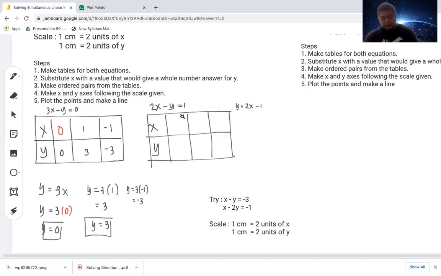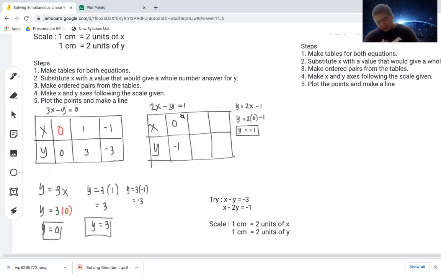And if I'm going to substitute the value of the x as 0, this is going to be a calculation of 2 times 0 minus 1. So 2 times 0 is 0, and this is going to give us negative 1. So that means if the value of the x is 0, then the y is equivalent to negative 1. Okay. So you will just continue the process.